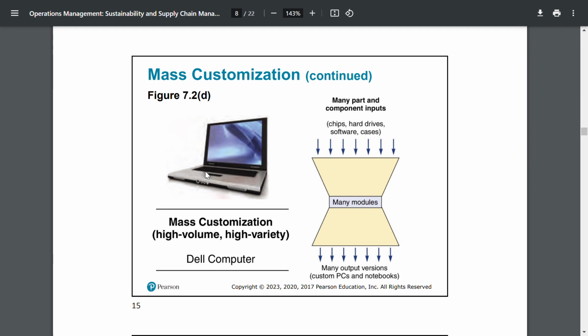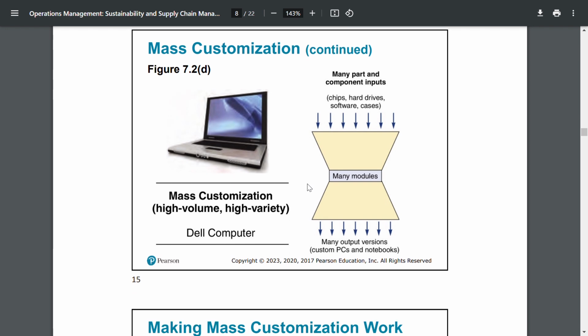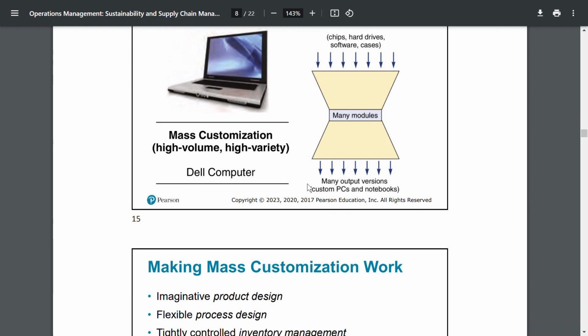Okay, and these include chips, hard drives, software, cases, many different parts and components. And so I have many modules, and then they have also many outputs. So it's like a very wide range of inputs and outputs put together to provide this customization.